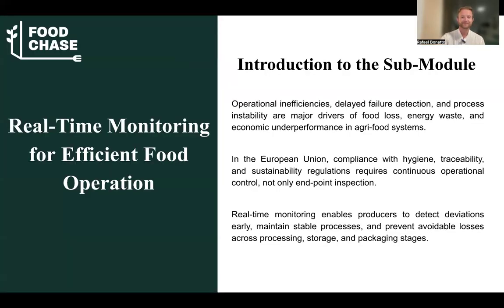Let's start. Introduction to such a submodule. Operational inefficiencies, delayed failure detection, and process instability are major drivers of food loss, energy waste, and economic underperformance of agri-food systems. We call it agri-food systems because these operational inefficiencies are not exclusive to the food industry, to the food factory itself.